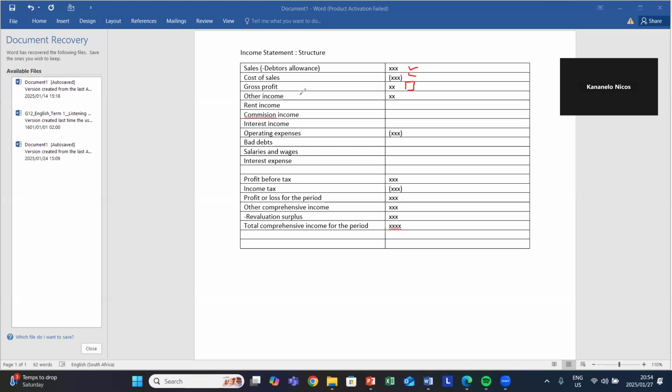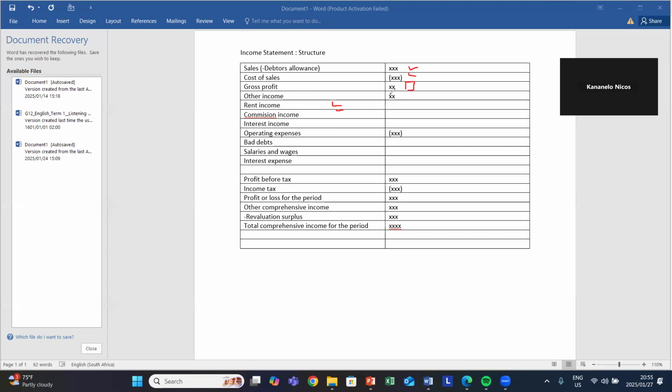Remember that we're dealing with companies. All the incomes which your company will earn, you'll record under other income. When you add your rent income, commission income, interest income, and all those other incomes not mentioned here, you'll get the total of other income.